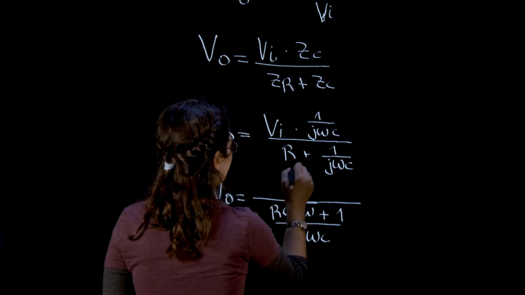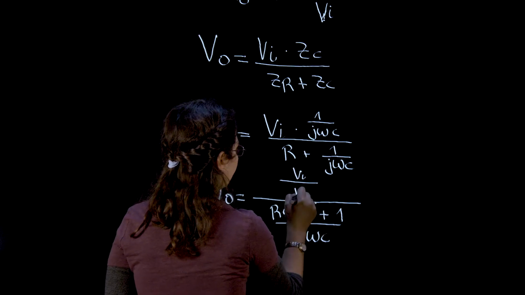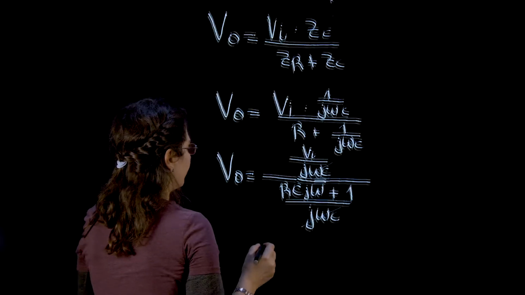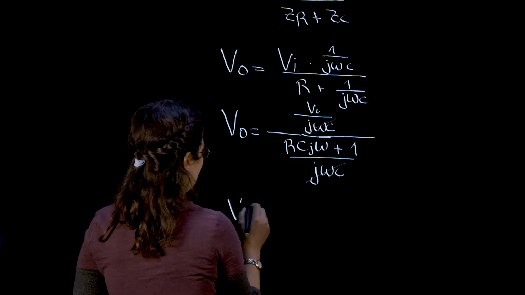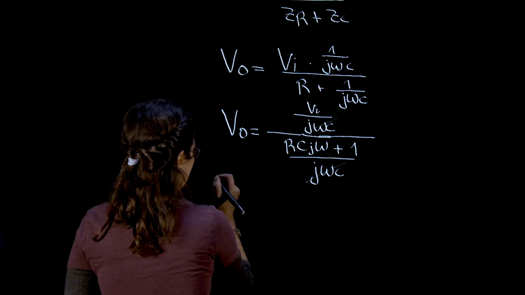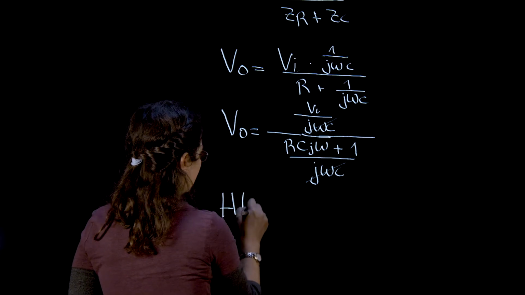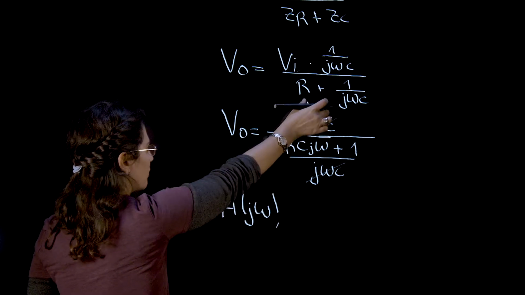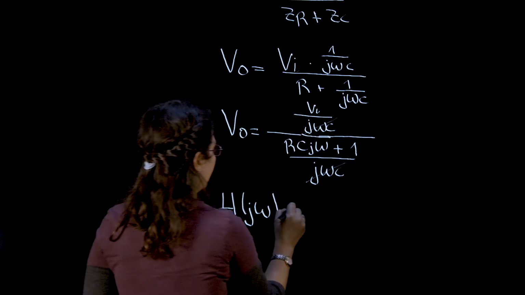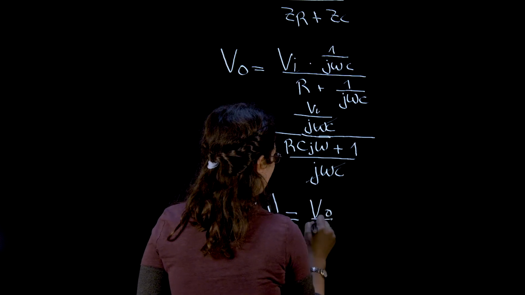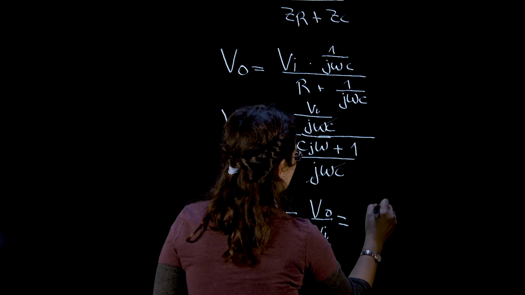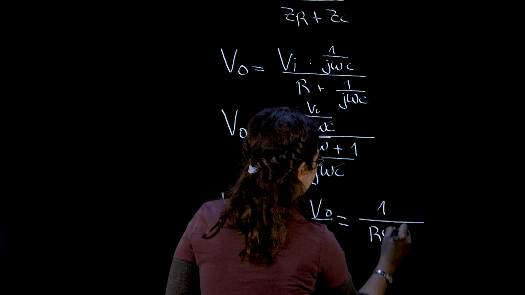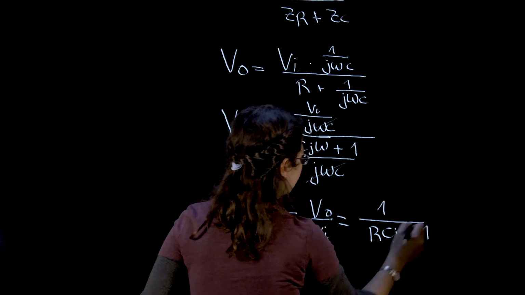And here I have Vi over j omega C, so that one cancels out with that one. I end up with my transfer function, which is the output over the input. So I just bring this one over here, output over the input is equal to 1 over RC j omega plus 1.